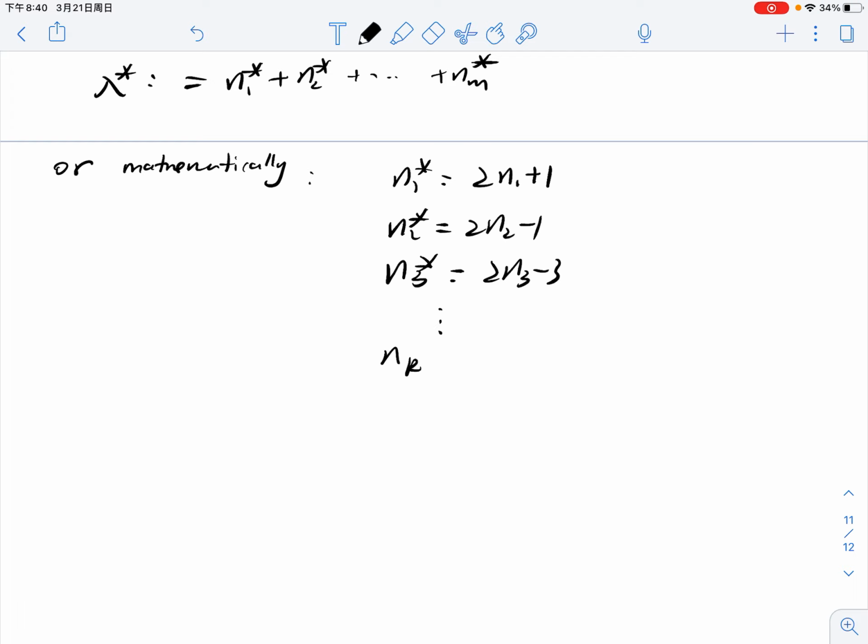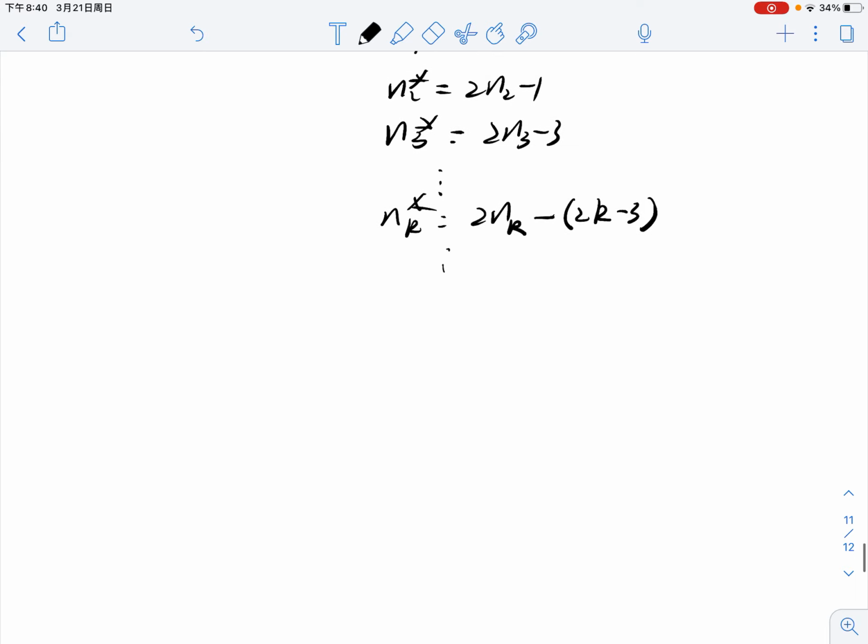So nk star is 2nk minus 2k plus 1. And finally, you will have nm star is 1.